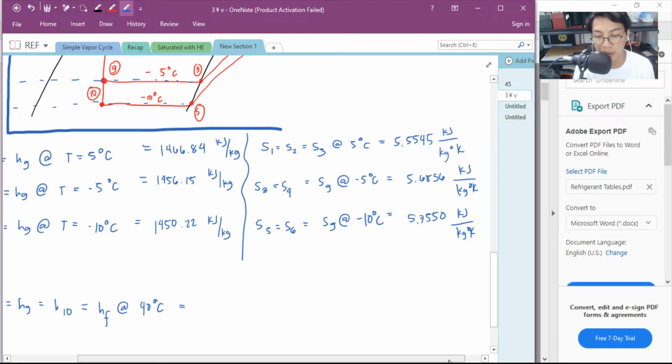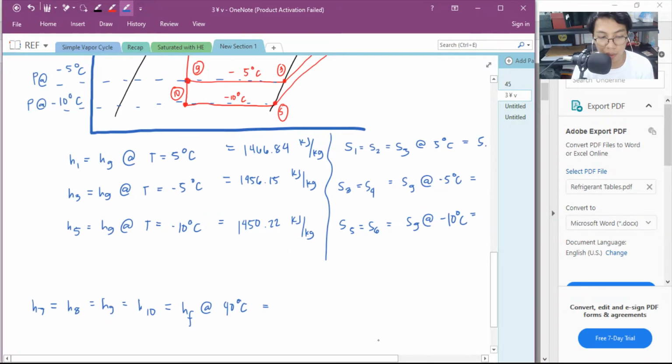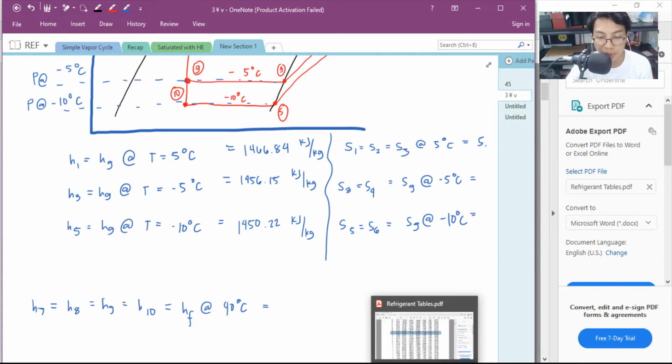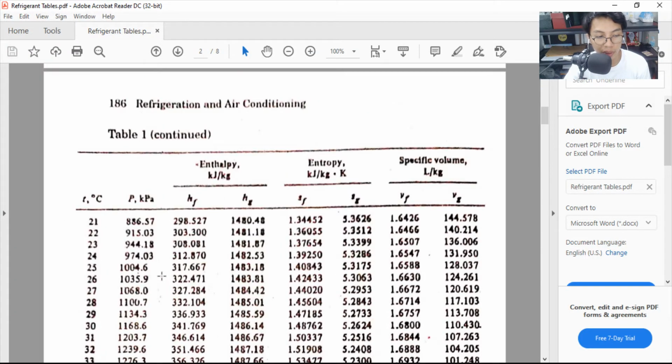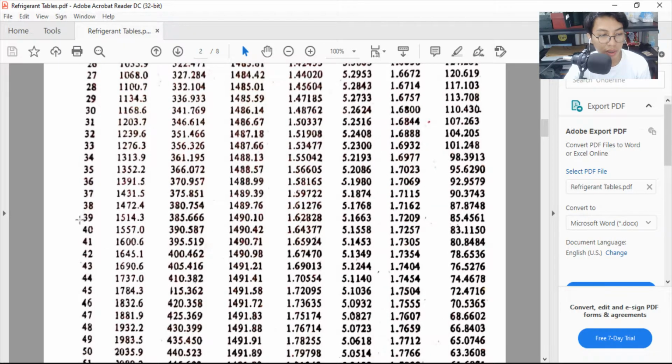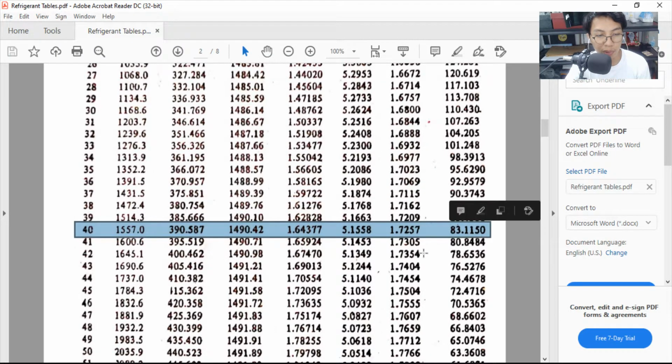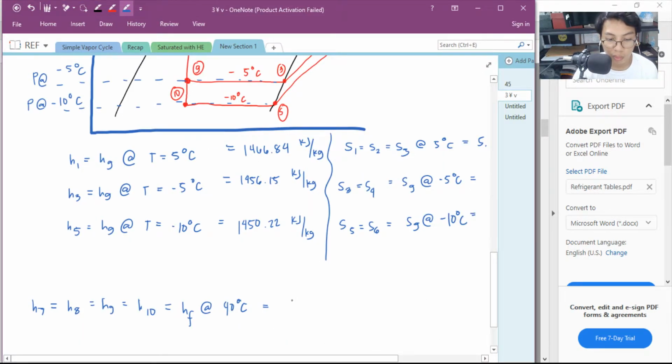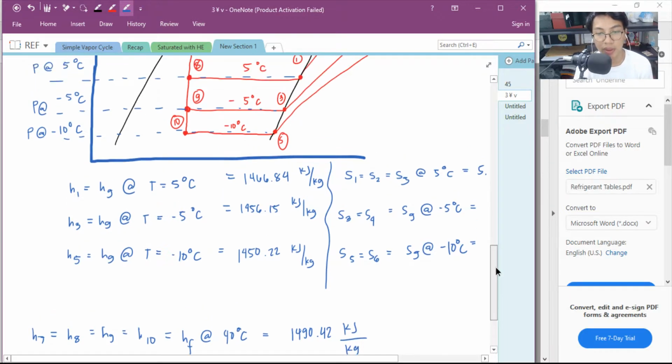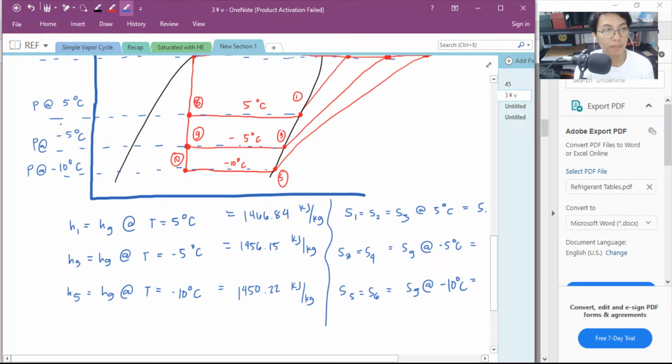O, yan yung mga points na hanapin nyo. And how about 40 degrees Celsius? Hanapin nga natin si 40. Highlight natin. Ayun, that is 1490.42 kilojoules per kilogram.